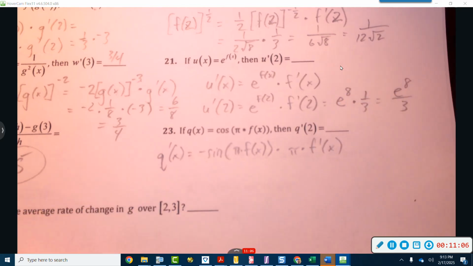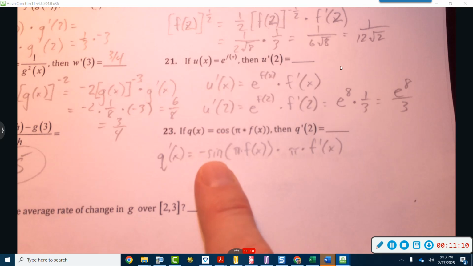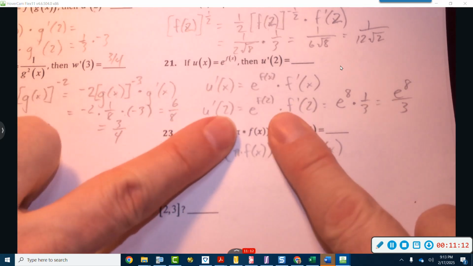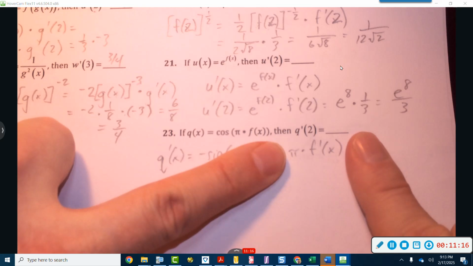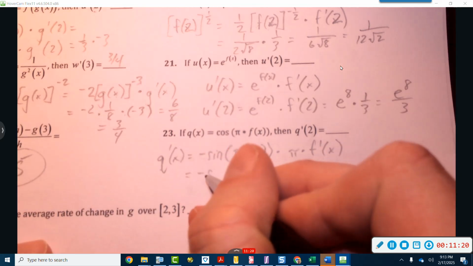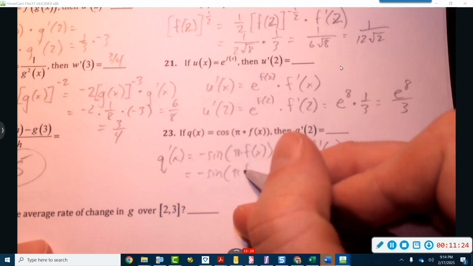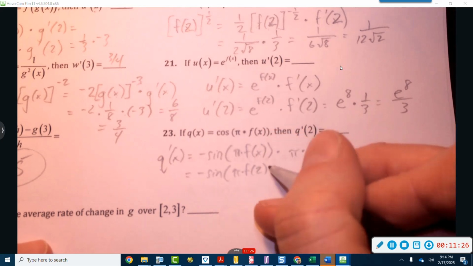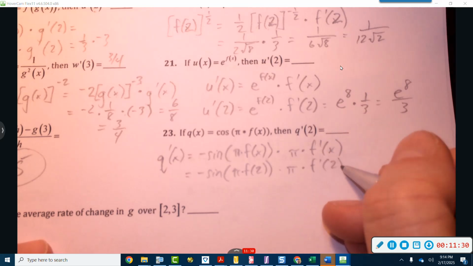Now the derivative of the outermost function is going to be negative sine, and then we take the derivative of the inside, which is just going to be pi f prime. The 2 goes into both of these, so negative sine of pi f of 2 times pi times f prime of 2.